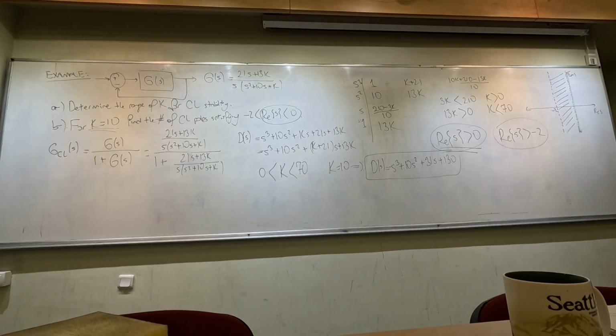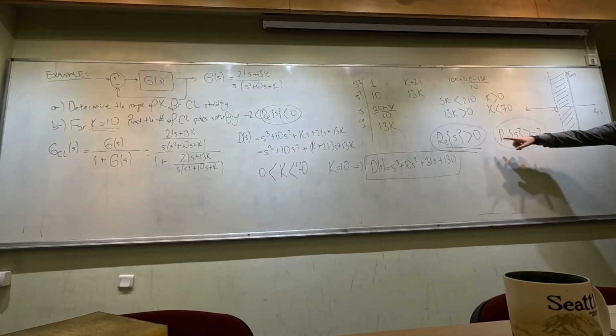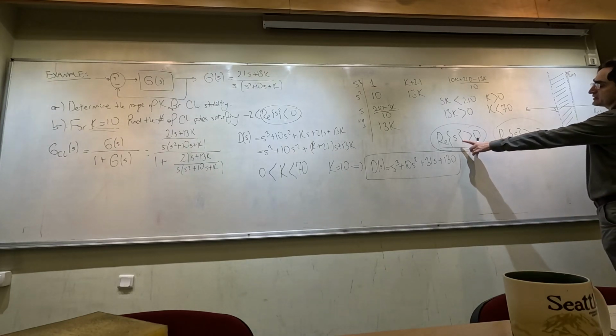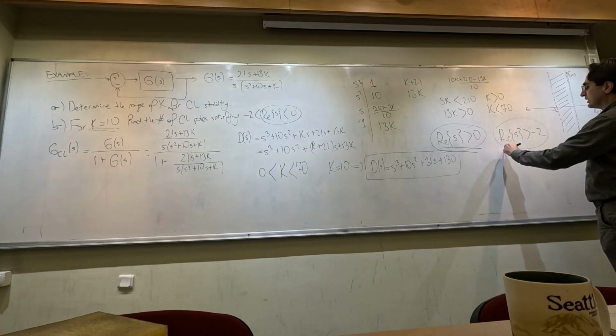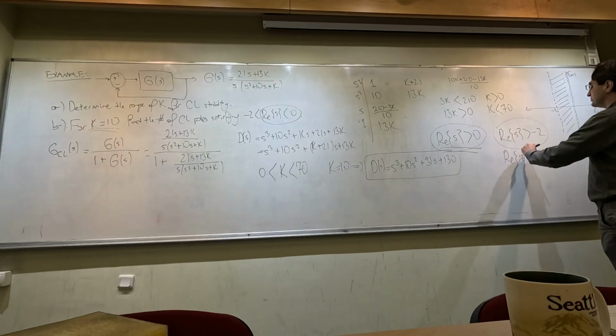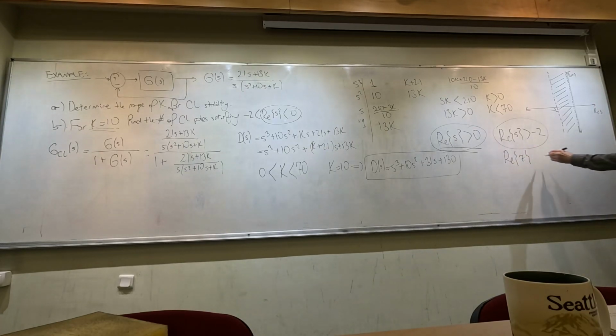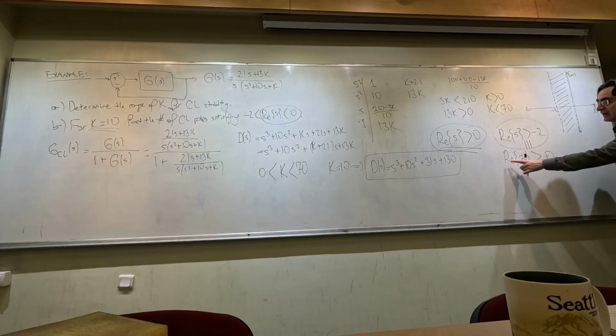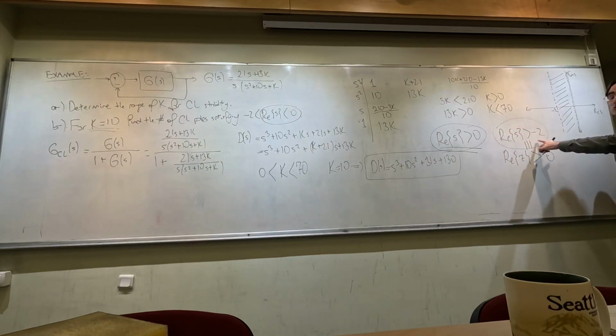Can I make some variable change in my polynomial such that, when I use the Routh stability criterion, I know the number of roots which satisfy this type of inequality instead of that type? Since the Routh stability criterion gives the answer for this type of inequality, I would like to define a new variable z, and I will try to define z such that this inequality is equivalent to this inequality.